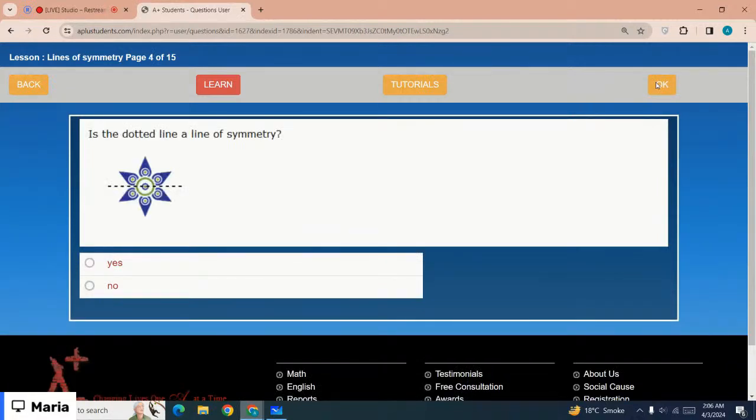Is the dotted line a line of symmetry? Yes, it is, right? The correct option is yes.